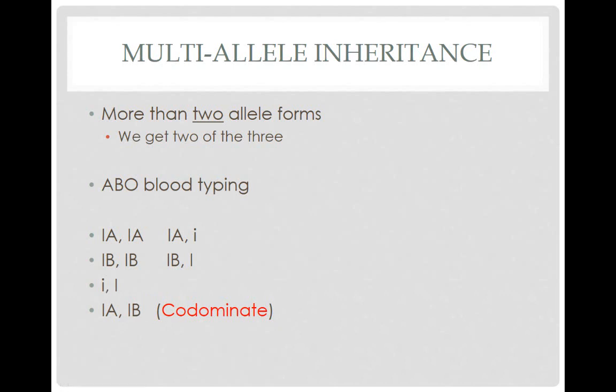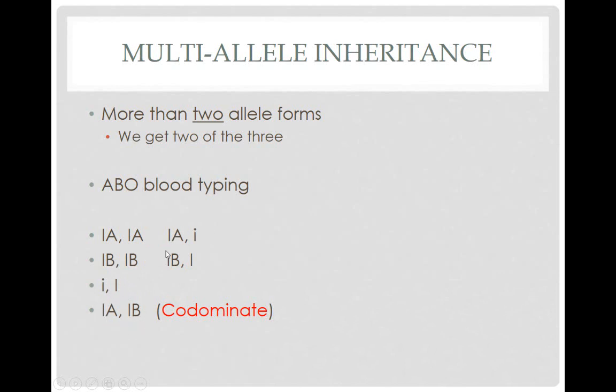And so in this case, you are either going to be A, B, so these are two A's right here, homozygous dominant, heterozygous dominant right here, okay? And same thing, this is B, homozygous dominant, heterozygous dominant, and then we get this i here, which is going to be recessive.